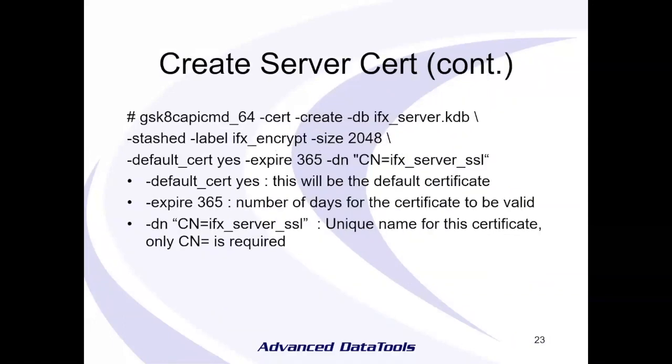This is the number of days for the certificate to be valid. Defaults to 365, one year. When that certificate expires, the public-private key pair is no longer going to work. If you tried to bring Informix back online with an expired key, it is not going to come up. You're going to get an error thrown.